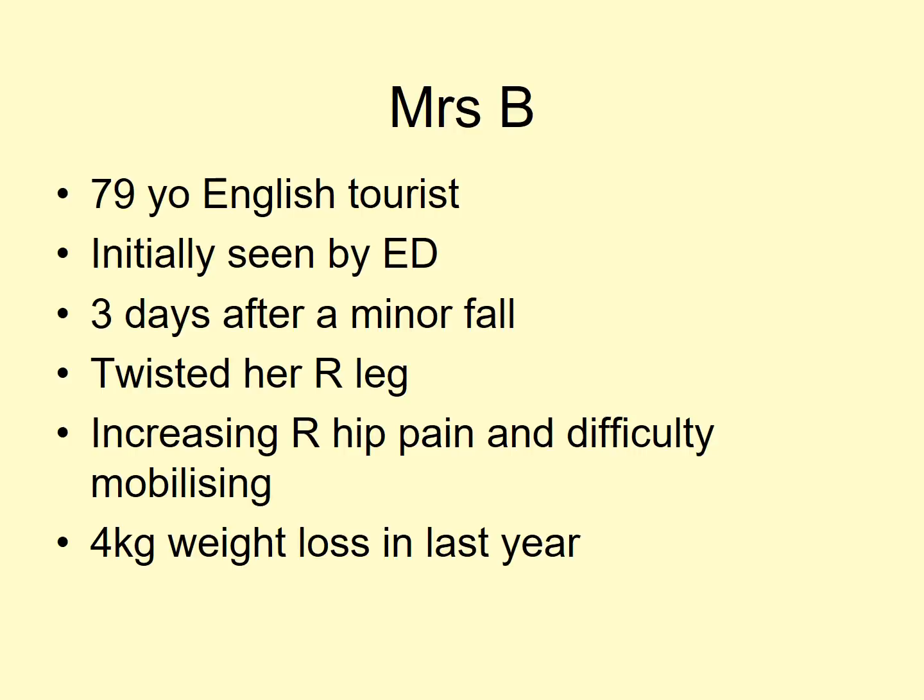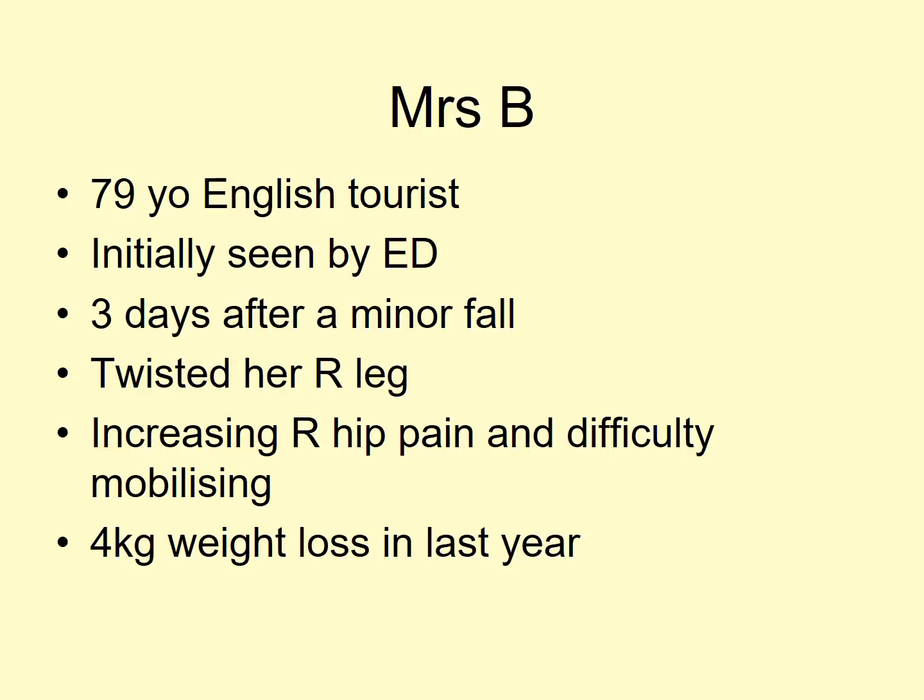So finally, in this series of cases, I want to show the case of Mrs. B, who was an elderly English tourist who was seen in the emergency department at a local hospital 3 days after just a minor fall in which she twisted her right leg, and after which she had increasing right hip pain and difficulty mobilizing.